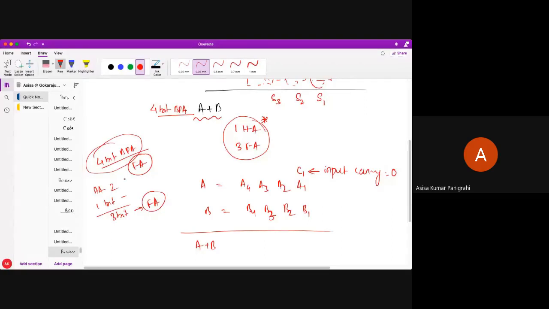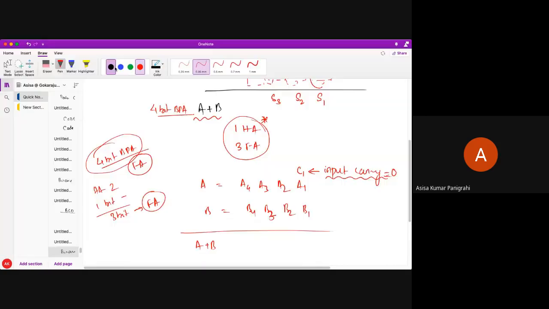So what you need to do is provide an extra input carry, which is always 0, and now you can add these 3 bits, C1, A1, B1, using full adder 1. It generates S1 and carry C2. C2, A2, B2 are added with full adder 2, which generates S2 and carry C3.